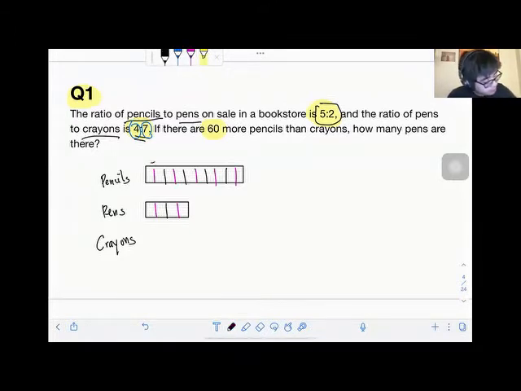Now we have 1, 2, 3, 4, 5, 6, 7, 8, 9, 10 boxes sa pencils at saka 1, 2, 3, 4 sa pens. At sa huli, yung crayons, magdodrawing po tayo ng 7 boxes. 1, 2, 3, 4, 5, 6.